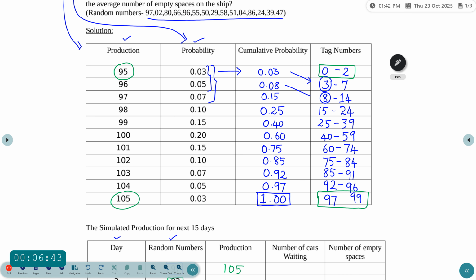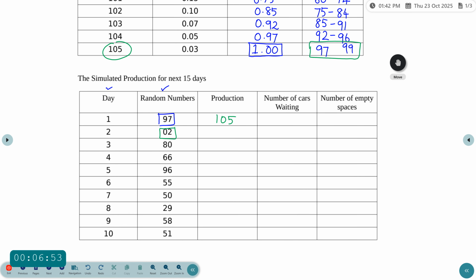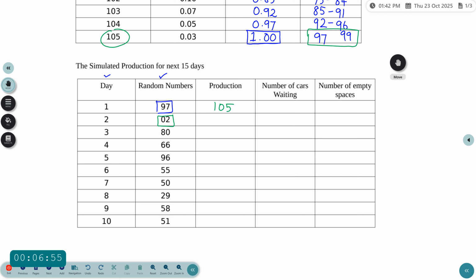Similarly we need to calculate for all the random numbers.